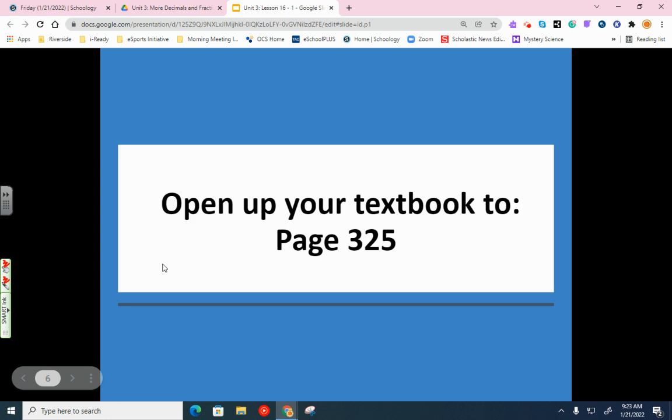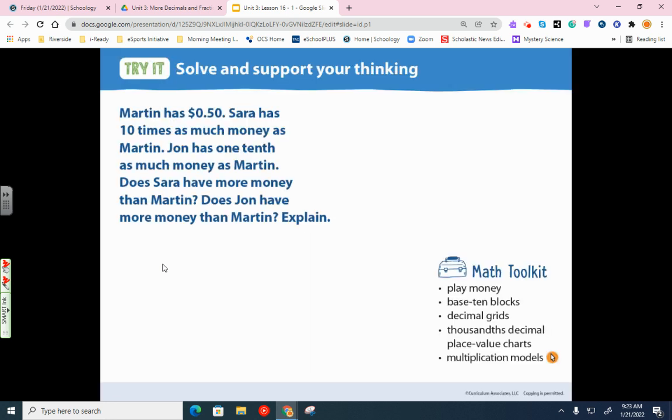On page 325, let's look at this first example. Martin has 50 cents. Sarah has 10 times as much money as Martin. John has 1/10 as much money as Martin. How does Sarah have more money than Martin? So let's do this. Let's have a Sarah side, and then let's have a John side.